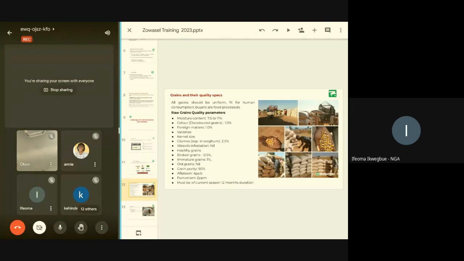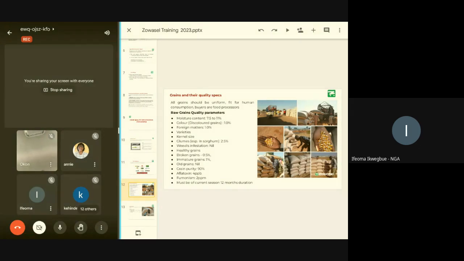So buyers have specific varieties they request. For example, Promasidor requests SC612 maize. They request maybe Pioneer seed, a yellow hybrid seed.